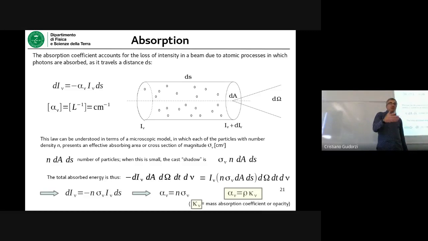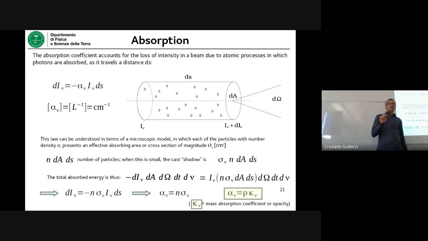In the literature, particularly in astrophysics, people often, instead of using the absorption coefficient as a product of n times sigma, also use a product of a new quantity. Well, rho is the mass density, and kappa nu, kappa is the Greek K, okay? It's not just K, it's a Greek K, said kappa.